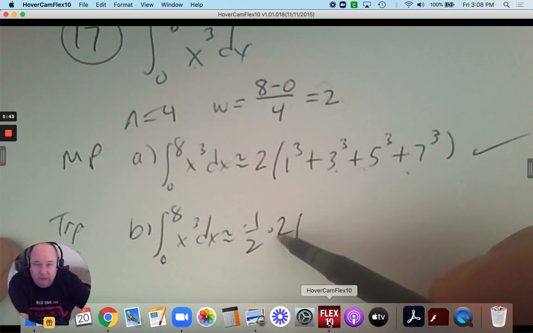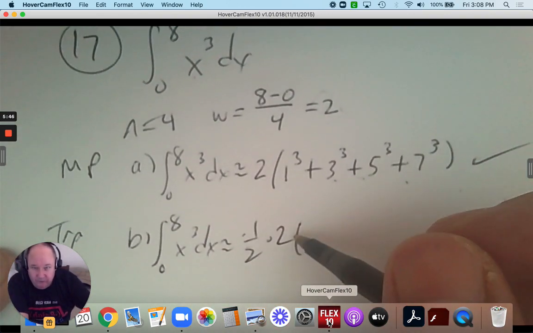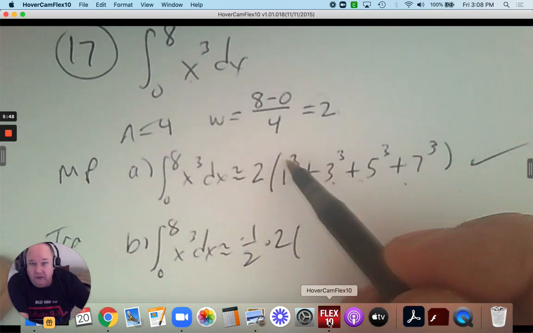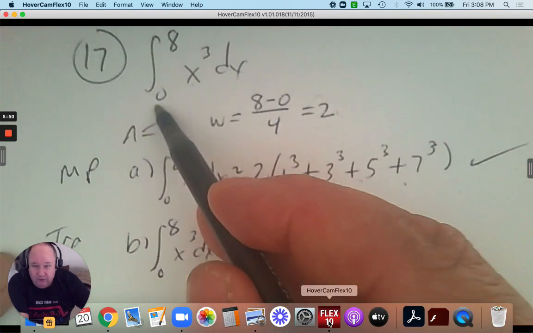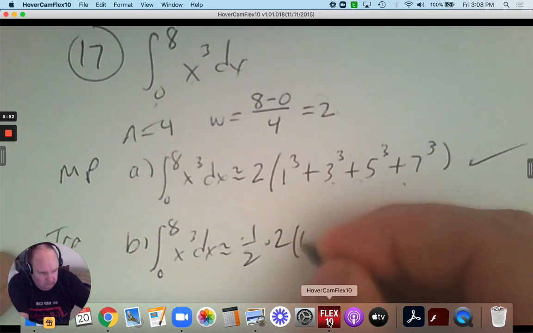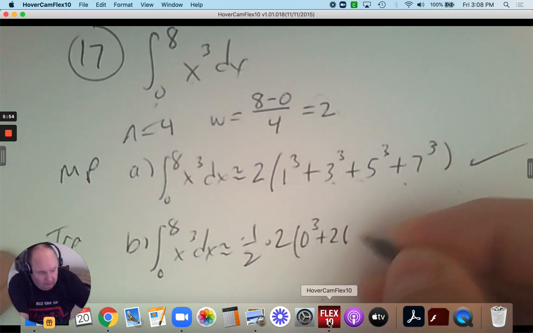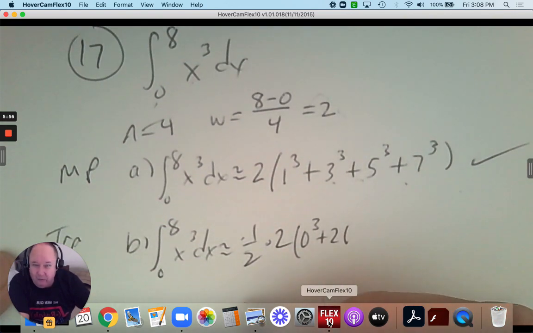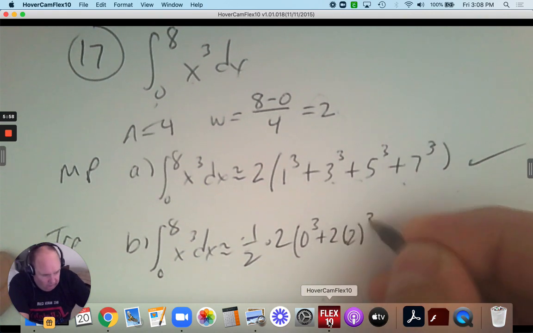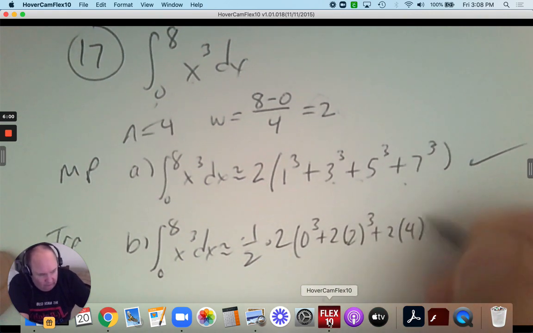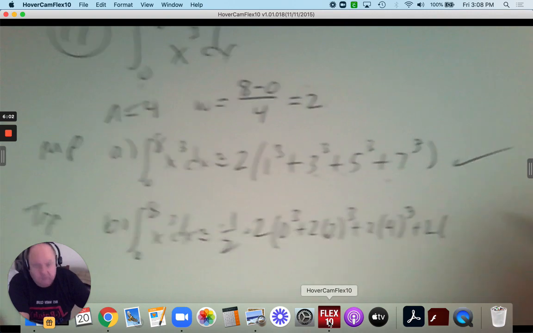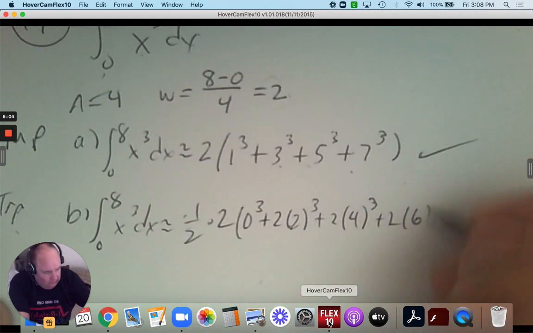For a trapezoidal rule, where the width is 2, I'm going to use different numbers. So the first height is 0, and then I double, and again I'm counting by 2's. So it's going to be 2, I double, I'm going to use 4, I double, I'm going to use 6, and then the last one I don't double.